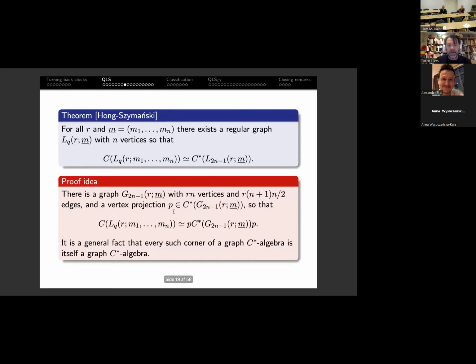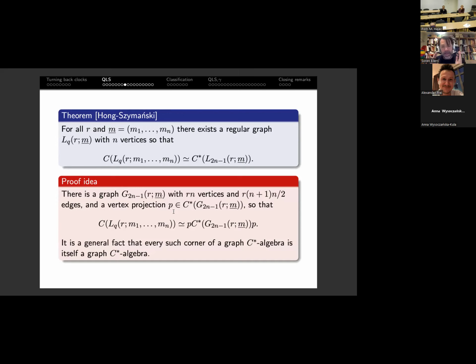So in order to understand what Hong and Szymanski do, we have to look a little bit more closely at the proof. What they show is that there is a more regular graph behind this. I'm calling it G_{2n-1,R,m}. This is my own notation.